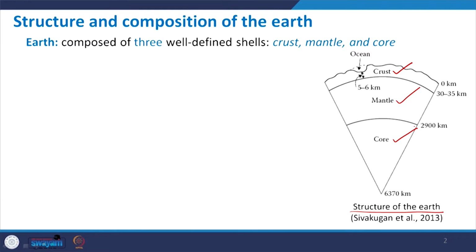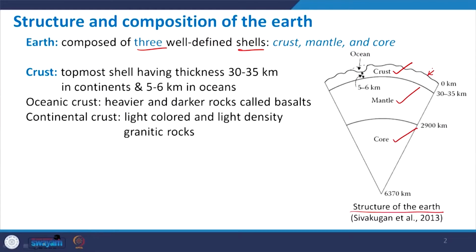So basically these are three well defined shells that the earth is composed of. Let us have a look at the properties of these three one by one. So coming to the first one, from the surface of the earth, the first one which is encountered is the crust.